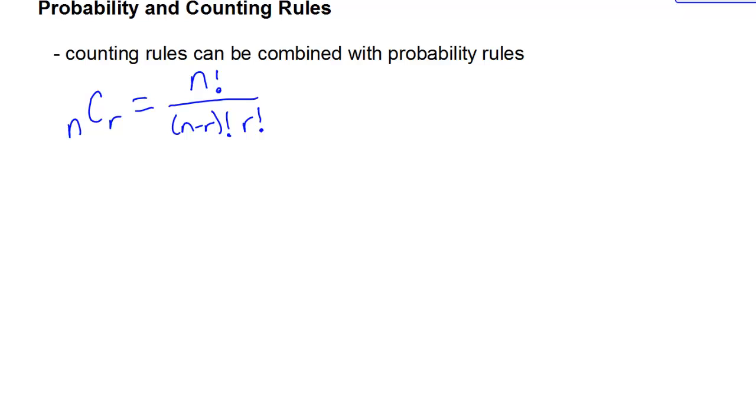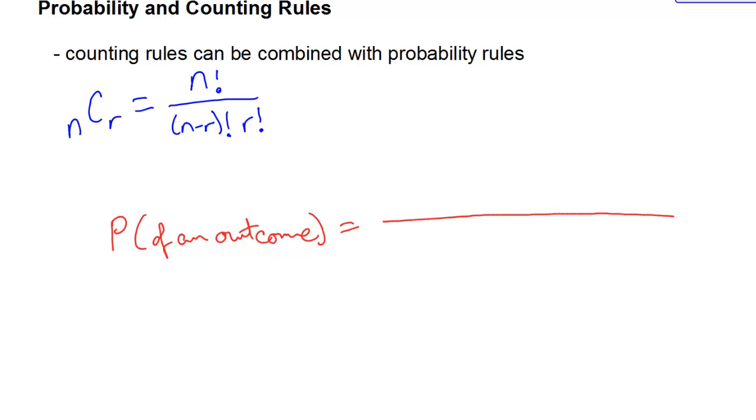When we're looking at probabilities where there are multiple combinations or multiple possibilities, we want to look at it as finding the probability of an outcome is equal to, on the bottom, the total number of combinations possible.